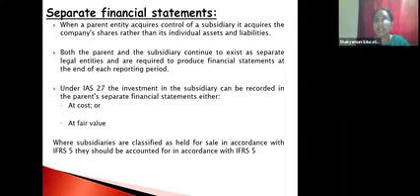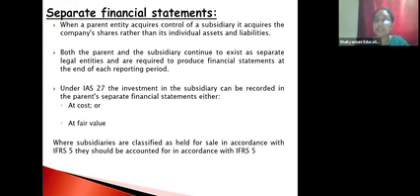Company A, Company B, Company C are separate legal entities and they are required to produce their separate financial statements. That is called standalone financial statements, right?